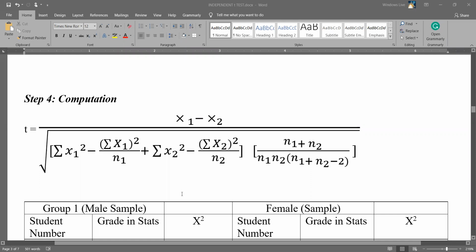So first, we are supposed to find sigma x. I've already done the calculations.